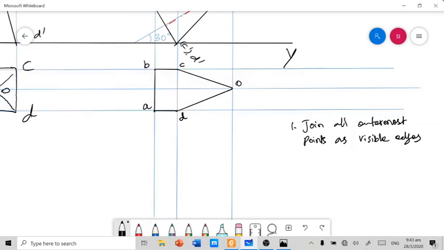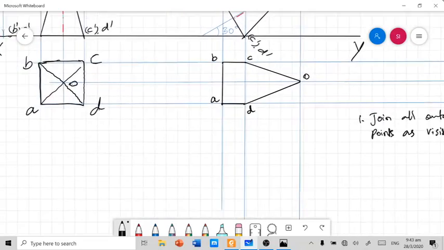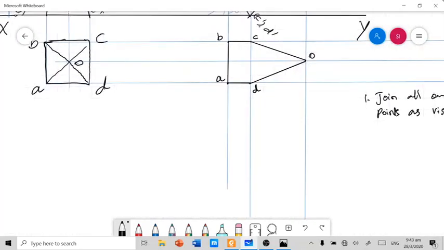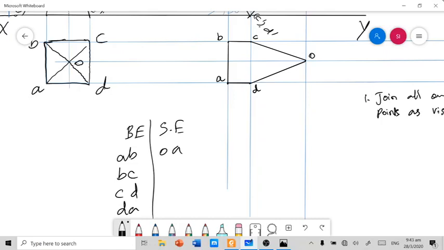Yes. And preferably before starting this job, you have to have the list of various edges in the solid. So base edges, it's actually a pyramid, there is no choice for face edges, so side edges. In this, AB, BC, CD and DA are the base edges. OA, OB, OC, OD are the side edges. Totally 8 edges are there in this square pyramid.